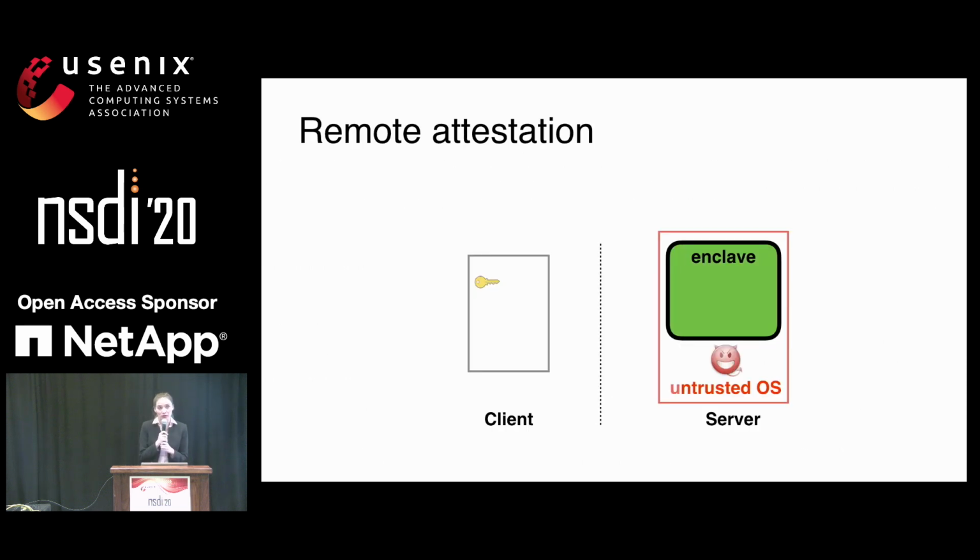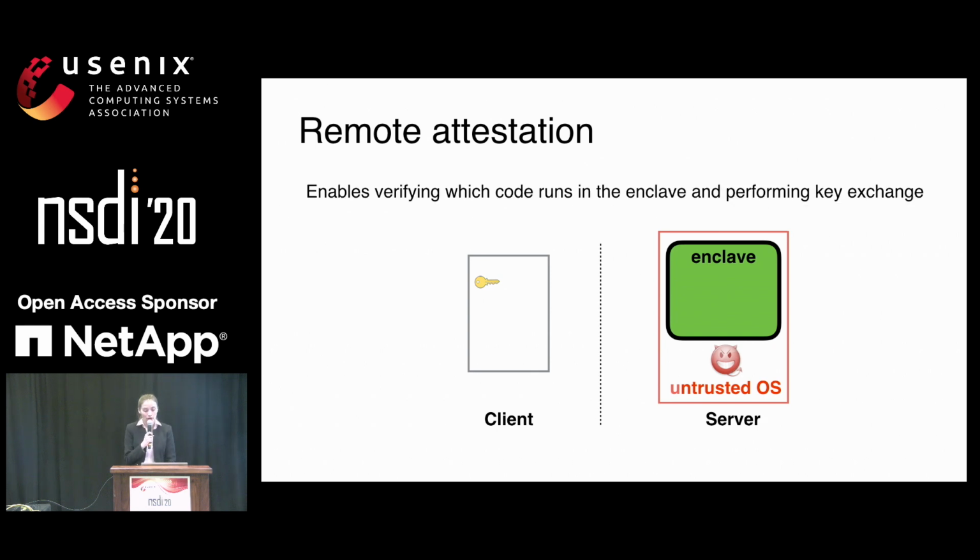A very important technique with hardware enclaves is remote attestation. The idea is that a client can attest what code is running in an enclave and establish a secure channel with that enclave. For example, let's say that the client has some client code. They can send it and initiate an enclave using that client code.